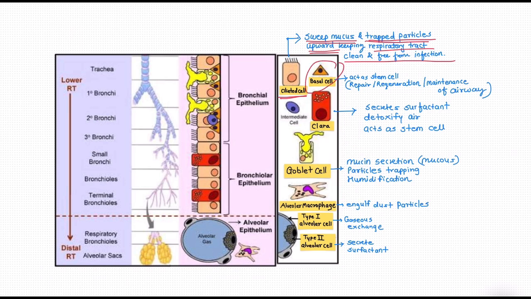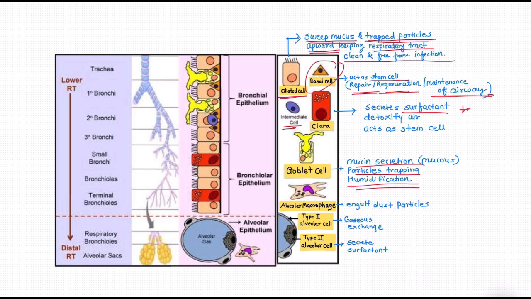The basal cell acts as a stem cell. It helps in repair, regeneration and maintenance of the airway. Then come intermediate cells, and then Clara cells. The main function of Clara cells is that they secrete surfactant, detoxify air, and act as stem cells also. Then the goblet cell secretes mucin, trapping particles and humidifying.